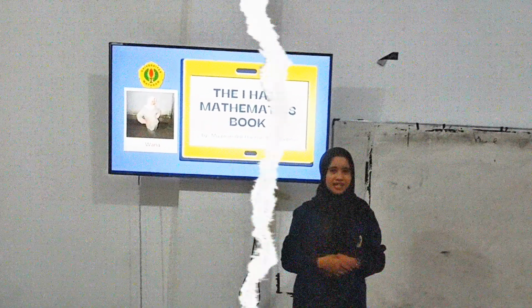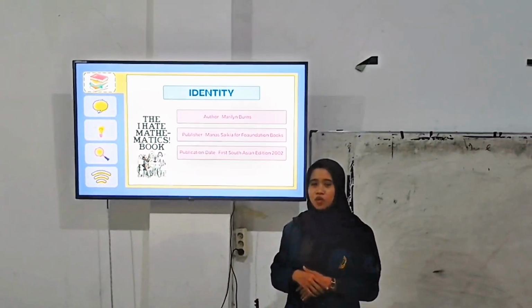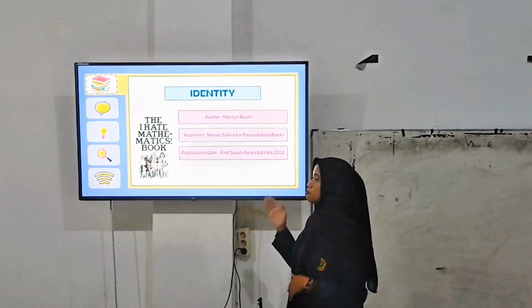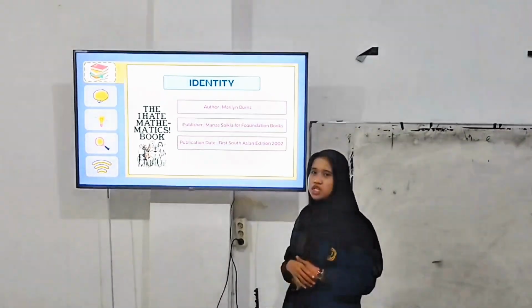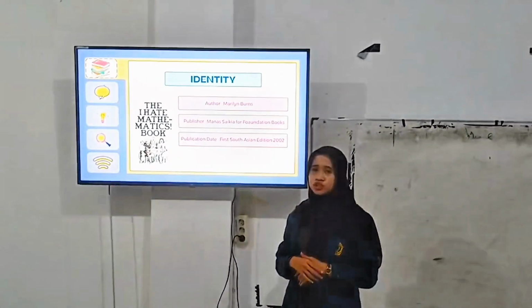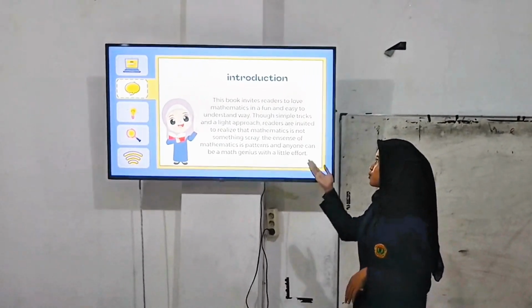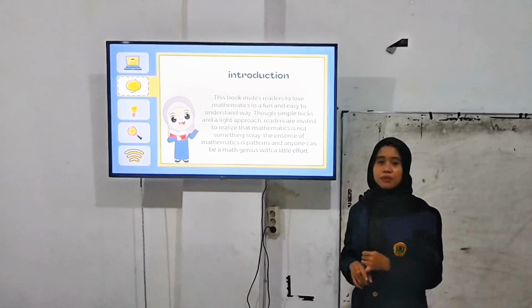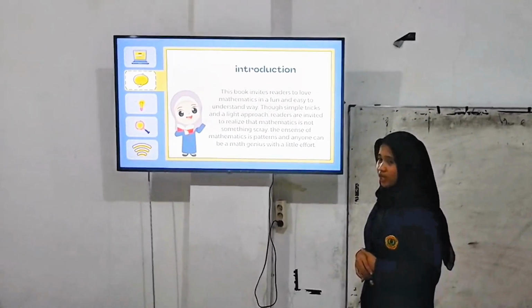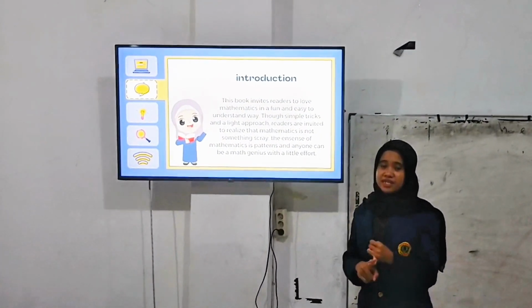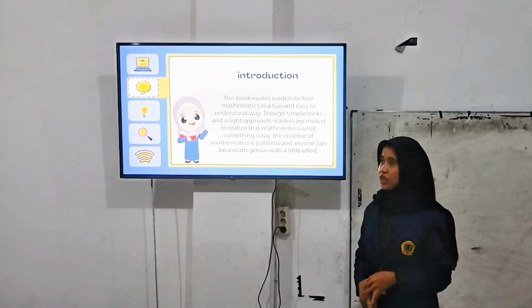So let's begin. This book was written by Marlene Burns and published by Foundation Book in 2002. In this book, you find leaders to love mathematics in a fun and easy to understand way, with simple tricks and a light approach.